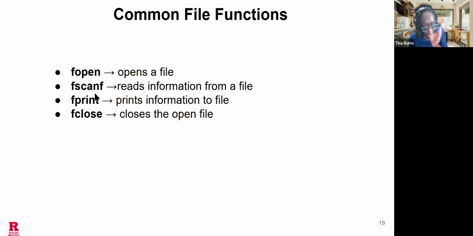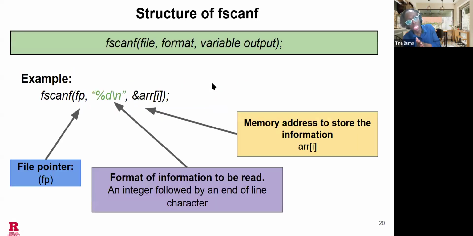Like scanf, you're getting the information from the user. Fscanf means you're getting the information from a file, right? That makes sense. Fprintf means you're printing the information to the file. And then, of course, fclose. So they're pretty self-explanatory.